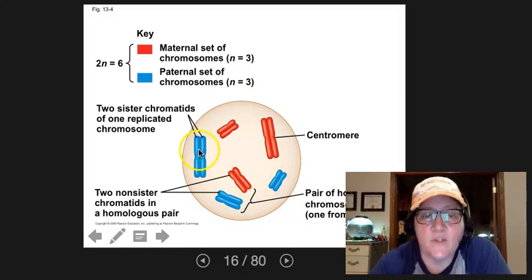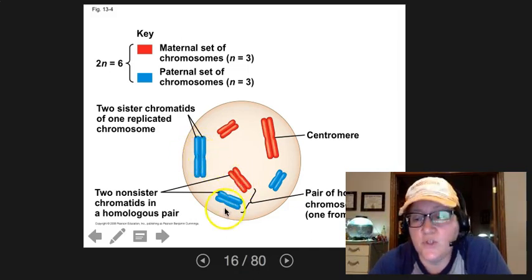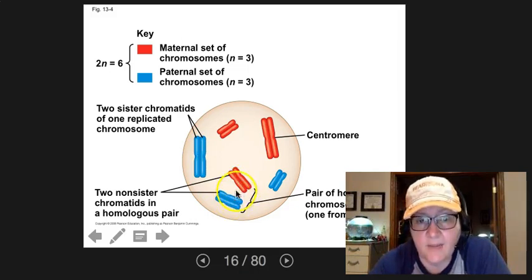I can talk about this chromosome as a chromosome. I can talk about it as 2 sister chromatids. Remember they're connected at a centromere. When I put 2 together that are the same number chromosome, like both of these I called number 2, I have 2 sister chromatids here, and 2 sister chromatids from mom over here. These 2 are sister chromatids.